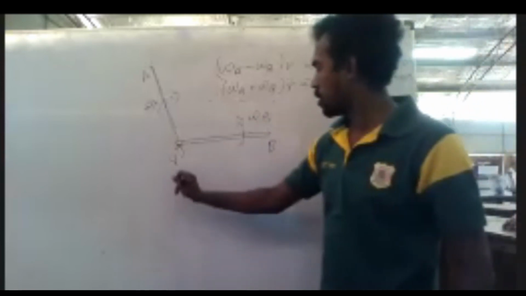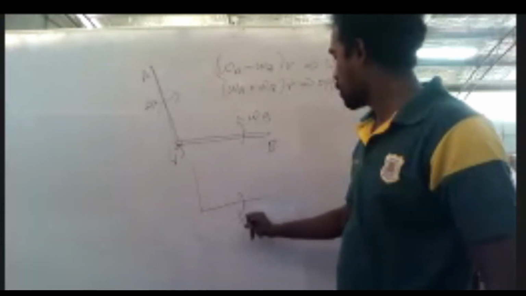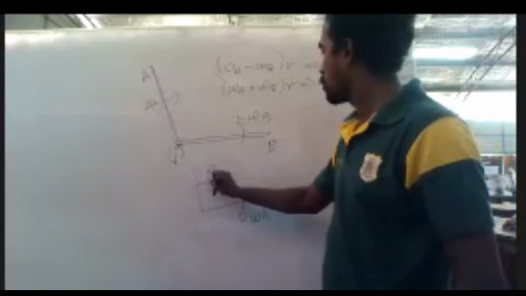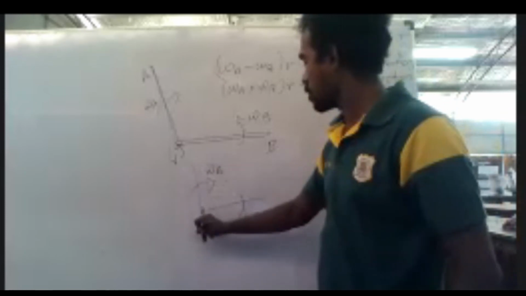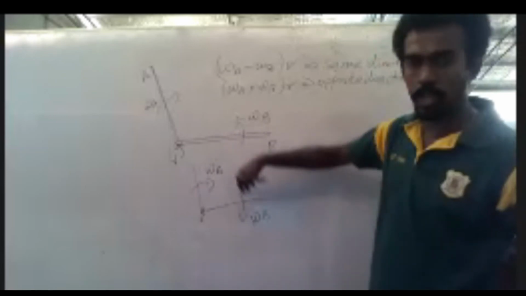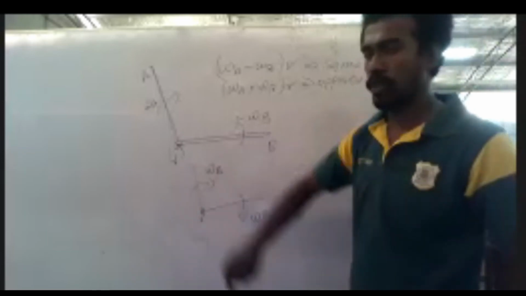In the case where this is omega B and this is omega A, and this is our pin joint radius R, omega B is rotating clockwise and omega A is rotating clockwise.